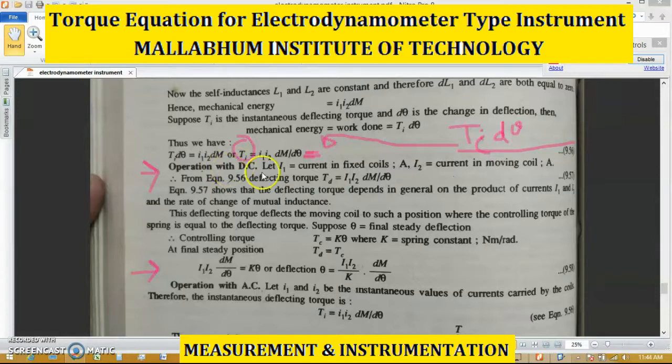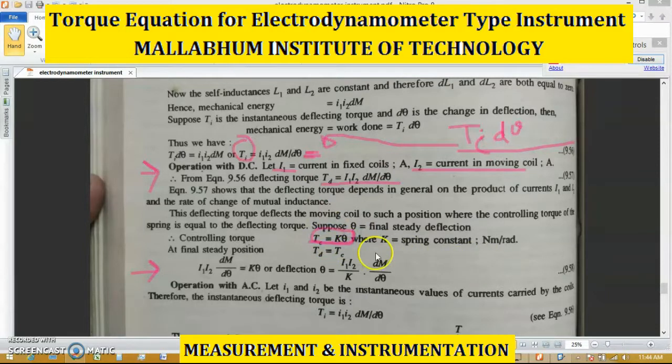Next, operation with DC. Operation with DC means I1 and I2 are not changing with time. This is I1 and this is I2, current in the two coils. So this is the torque equation, I1 I2 into dM by d theta, and the controlling torque is k into theta.